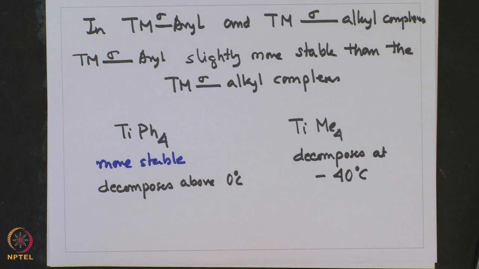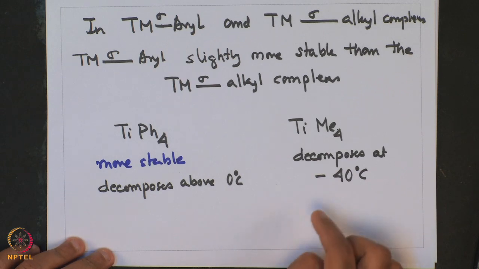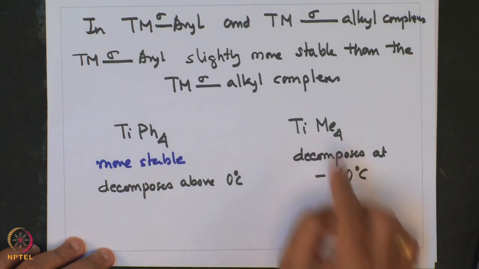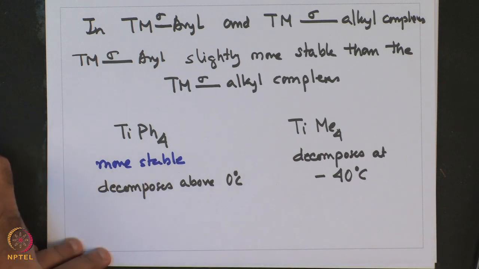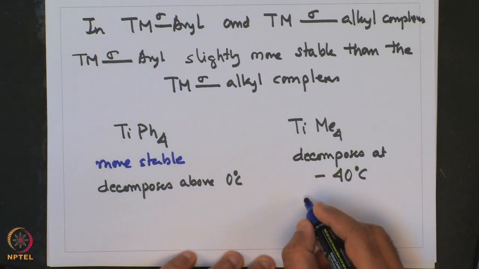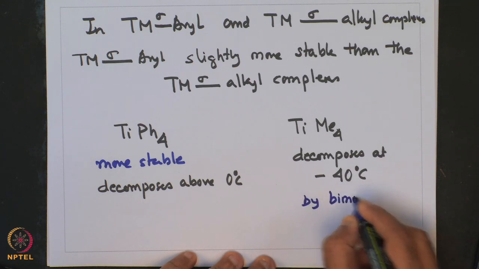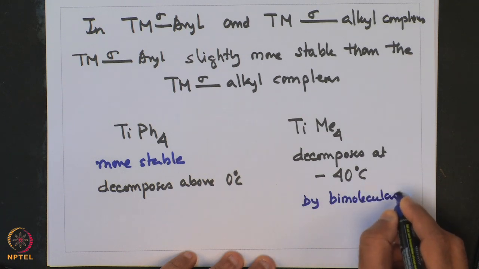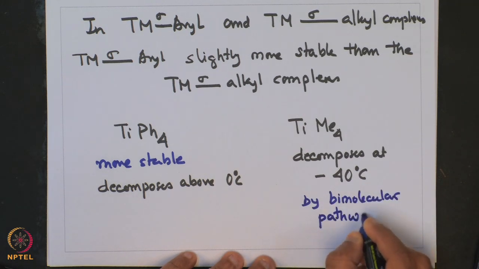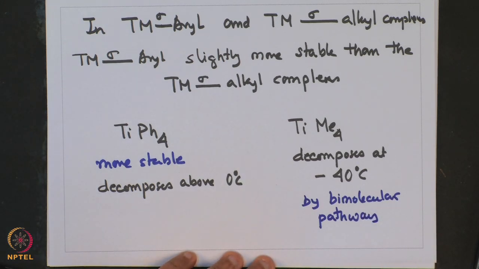In our earlier discussion, we referred to the reason for the high instability of titanium tetramethyl: it decomposes by a molecular pathway, and also that it leads to decomposition owing to its electronic as well as steric unsaturation.